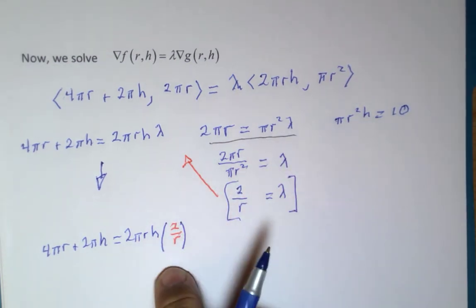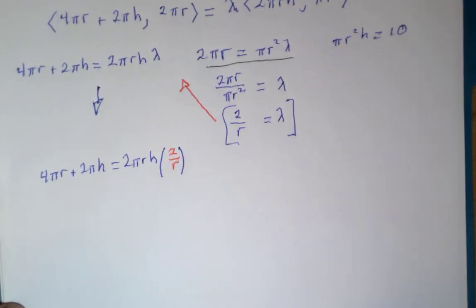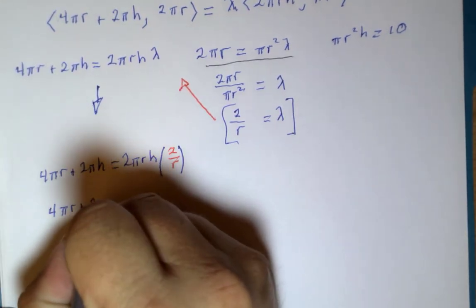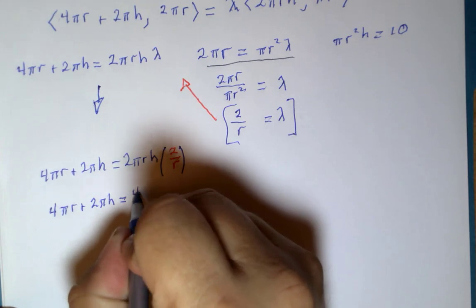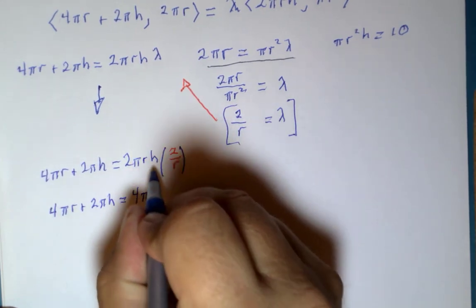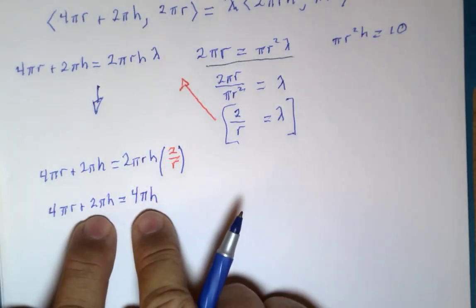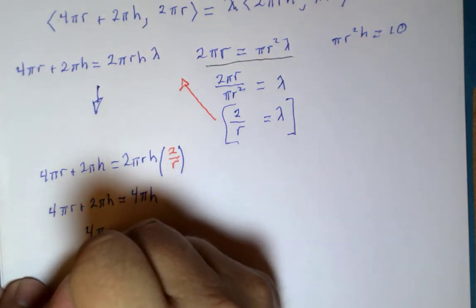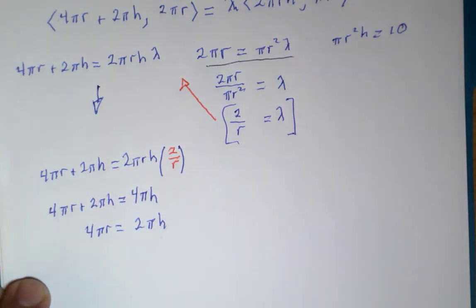R reduces, and let's just smooth this paper northwards a little bit here. 4 pi r plus 2 pi h equals, see, 4 pi r divided by r reduces to 1 h. I have like terms. If I subtract 2 pi h from both sides, I will get 4 pi r equals 2 pi h. Remember, pause and slow down for little algebra computations like that.